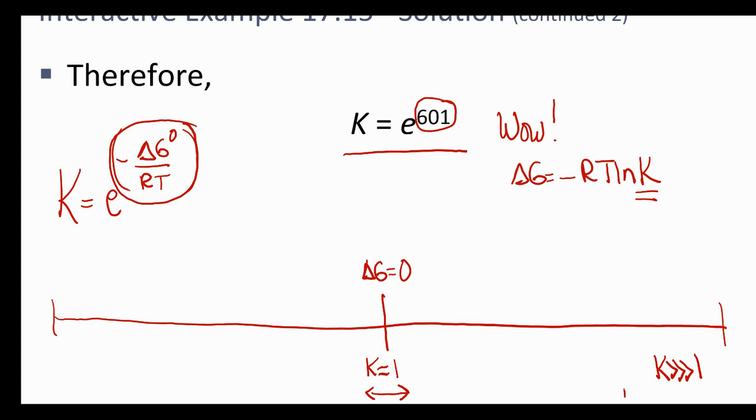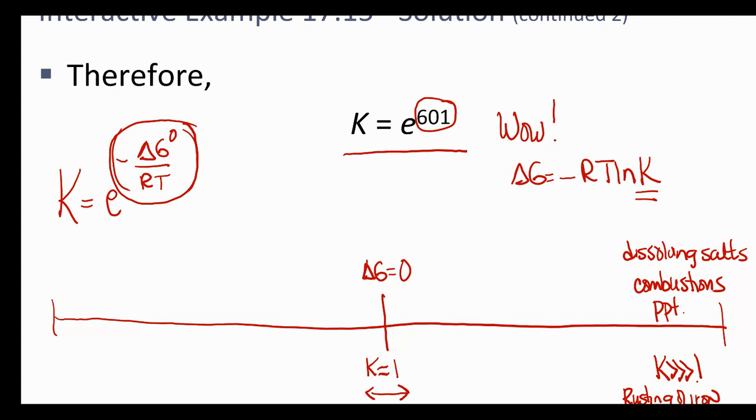Then we have scenarios where K is much greater than 1. Product favored, like the rusting of this nail or iron. Combustions. Precipitations. Dissolving of some salts in water.